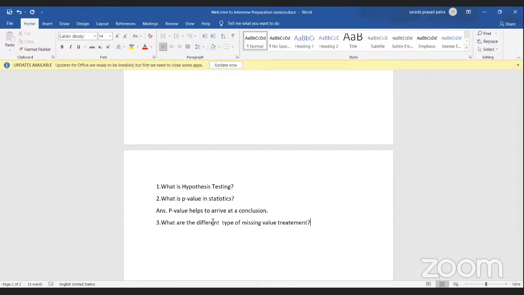What is the different type of missing value treatment? That means, what are the different types of imputation? And one more thing, in missing value treatment, we can do the deletion of the NA values. We can delete the NA values as well. So not only imputation, there are other things also. So what are those?